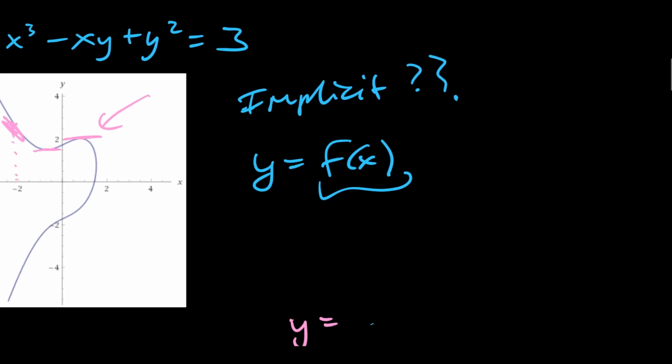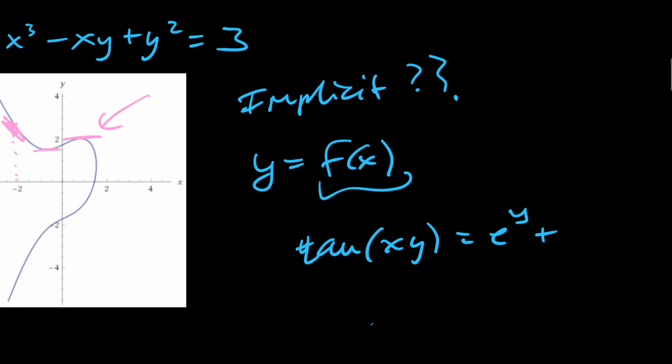For example, if you had something like tangent of xy equals e to the y plus, I don't know, y squared, it would be impossible to solve for y. So how do you do it?